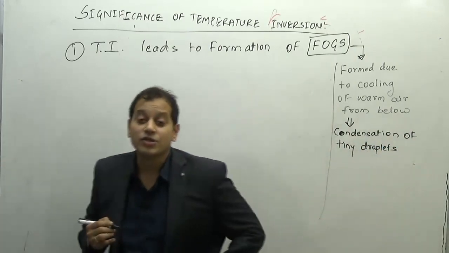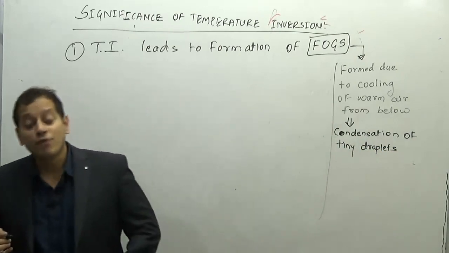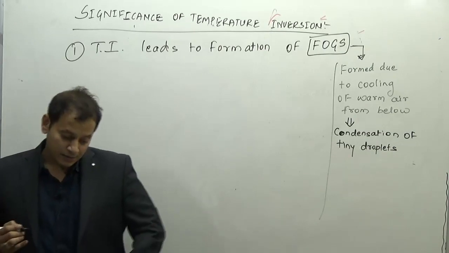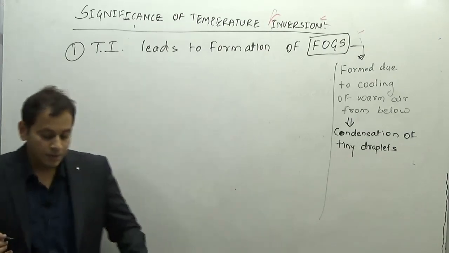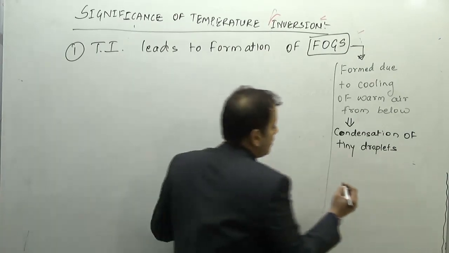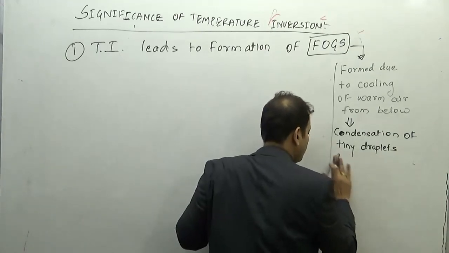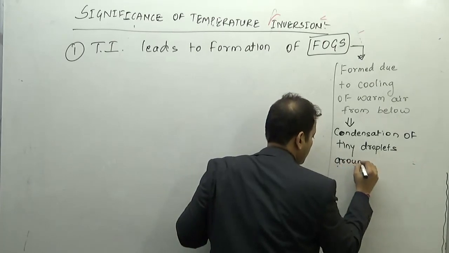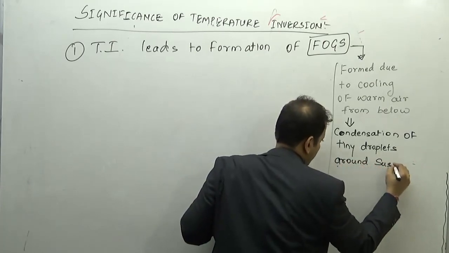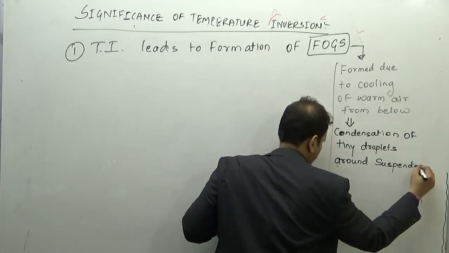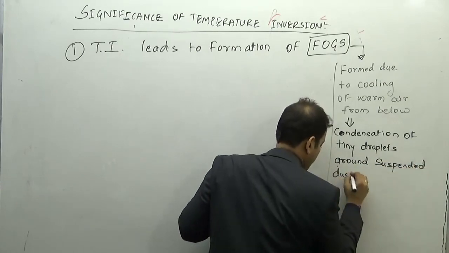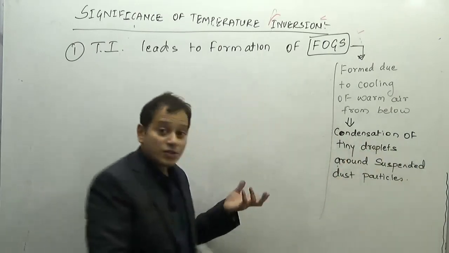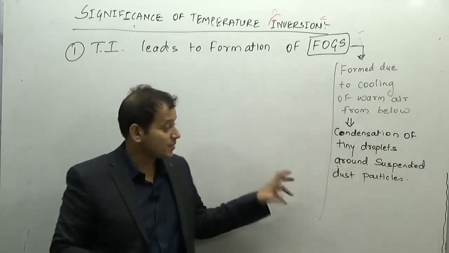Results into condensation of tiny droplets of what? Water vapor around dust particles. It results into condensation of tiny droplets around the suspended dust particles.